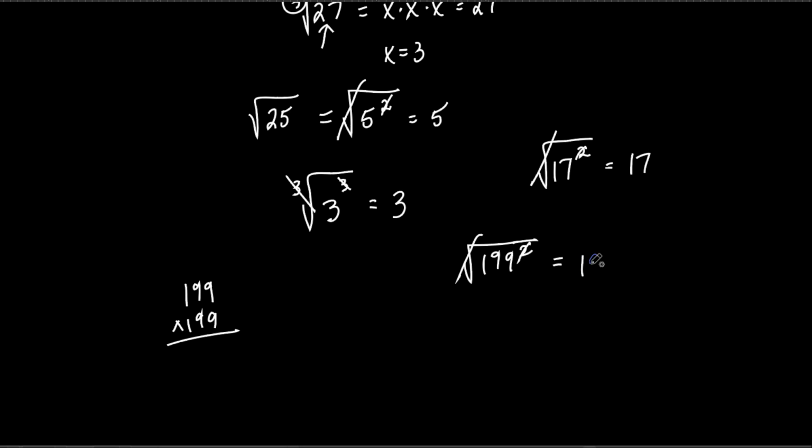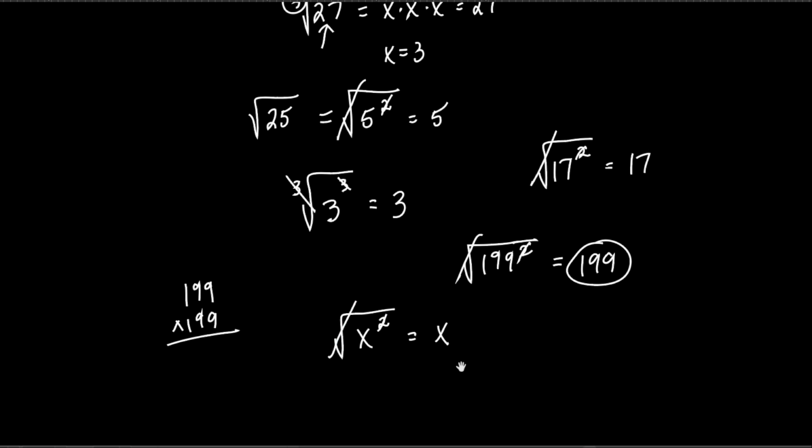So what's my answer? It's 199. With me on that? Let's do another one. Let's go more general. Just looking at this, what's the answer to that? It's just x. Why? Because that square root and the squared, they cancel each other out.